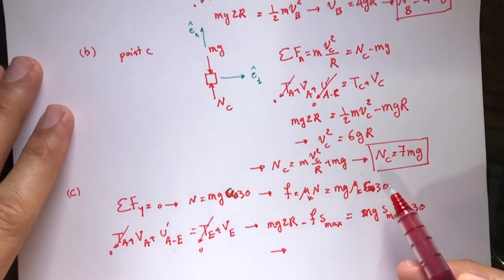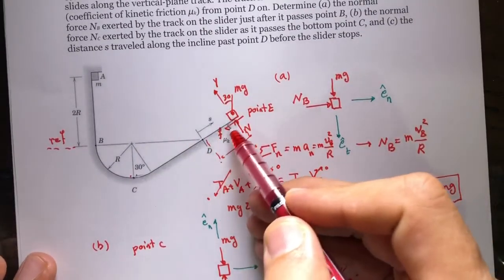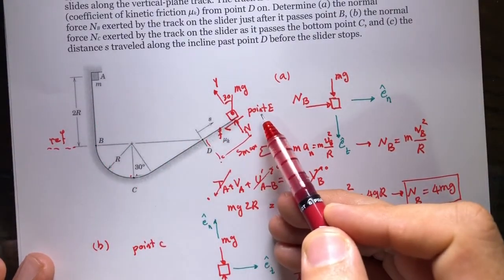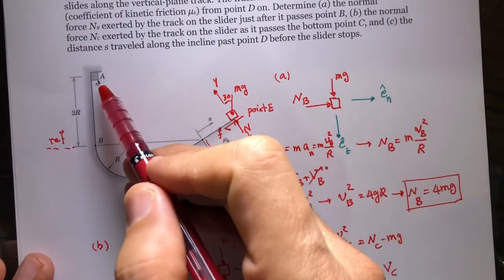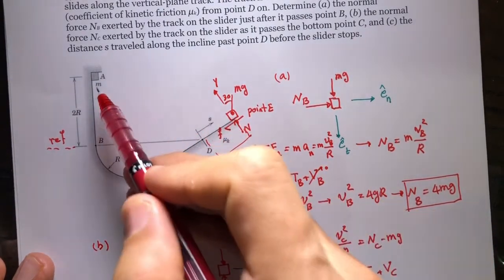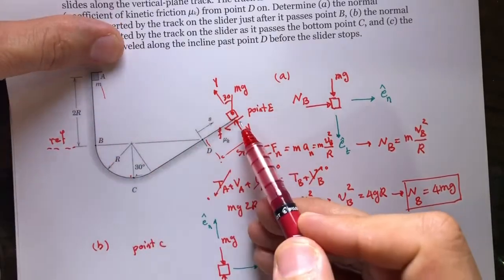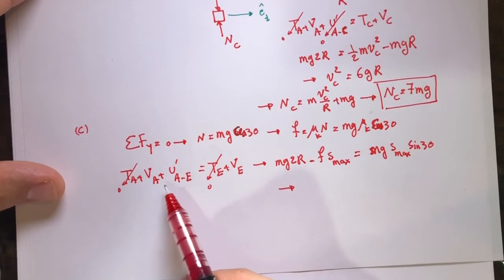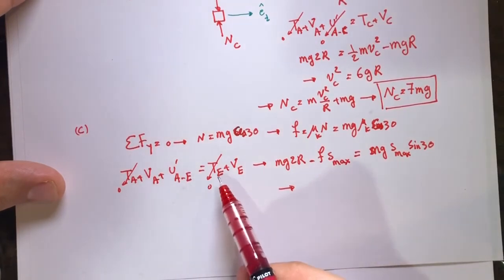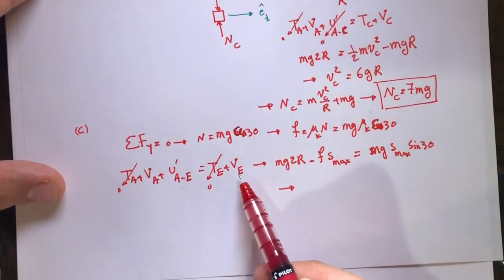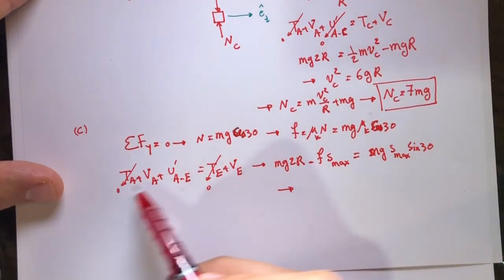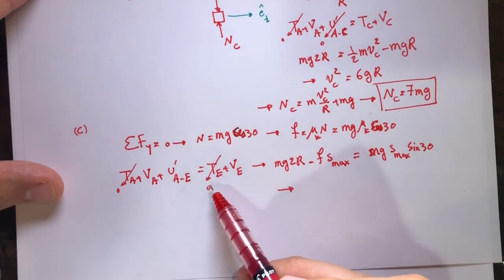Now, to find the displacement here, we can write the work energy equation between any of these points and the final point, point E. Let's do it between A and E. So the work energy equation between point A and E is going to be TA plus VA plus U prime from A to E is equal to kinetic energy at E plus potential energy at E. There is no kinetic energy at the beginning and also at the end because there is no velocity.